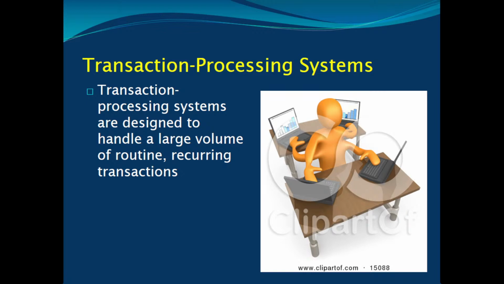Banks use them to record deposits and payments into accounts. Supermarkets use them to record sales and track inventory. Managers often use this system to deal with tasks such as payroll, customer billing, and payments to suppliers.